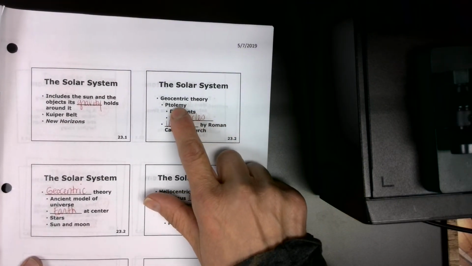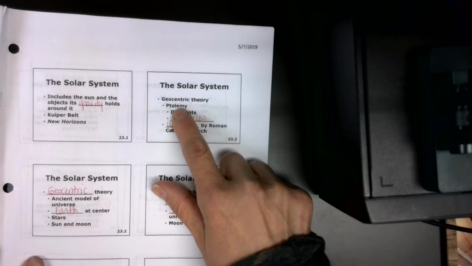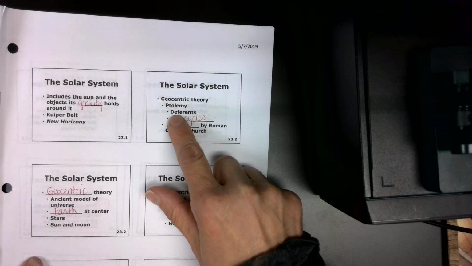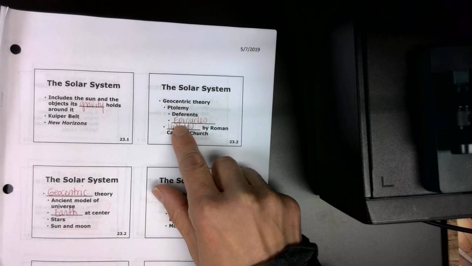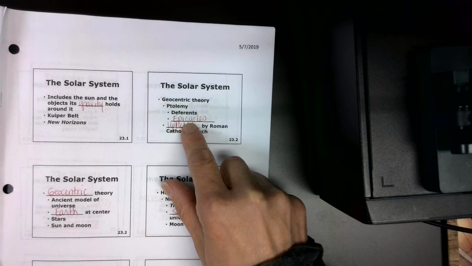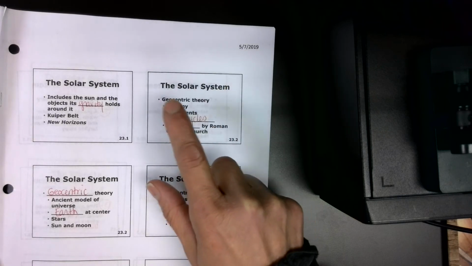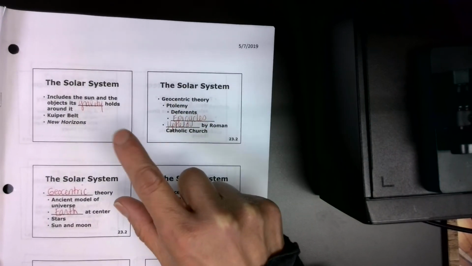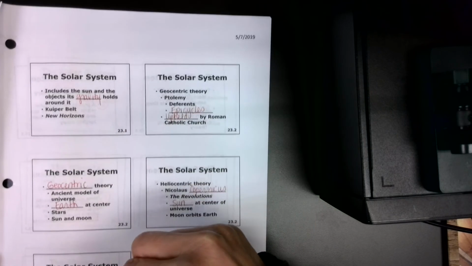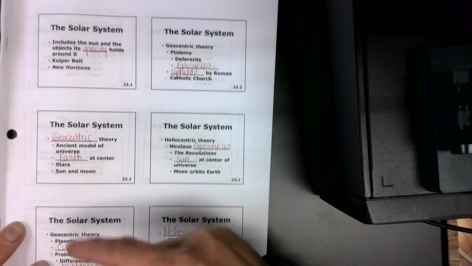But there was some pushback here. There was a guy by the name of Ptolemy who had a different way of explaining things. He gave the term epicycles to be like curlicue cycles. He thought this was a way to explain this idea of retrograde motion.